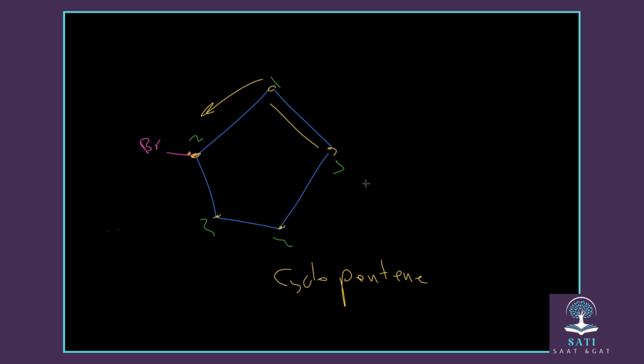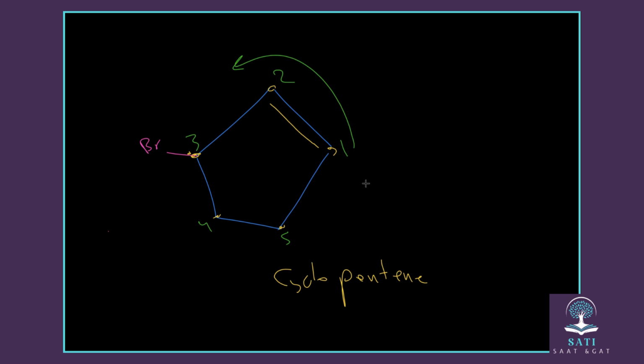When you go in the sequence of numbering, the double bond has to be in your way. So in this case, I number them here: here will be number 1 and here 2, I'm moving this way, so here's 3, 4 and 5. Now when I go from 1 to 2, the double bond will be there. So it is on number 1.